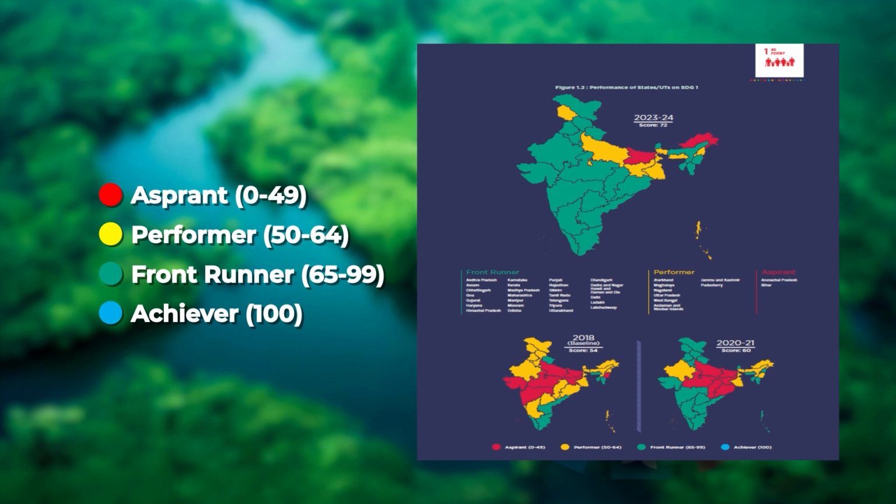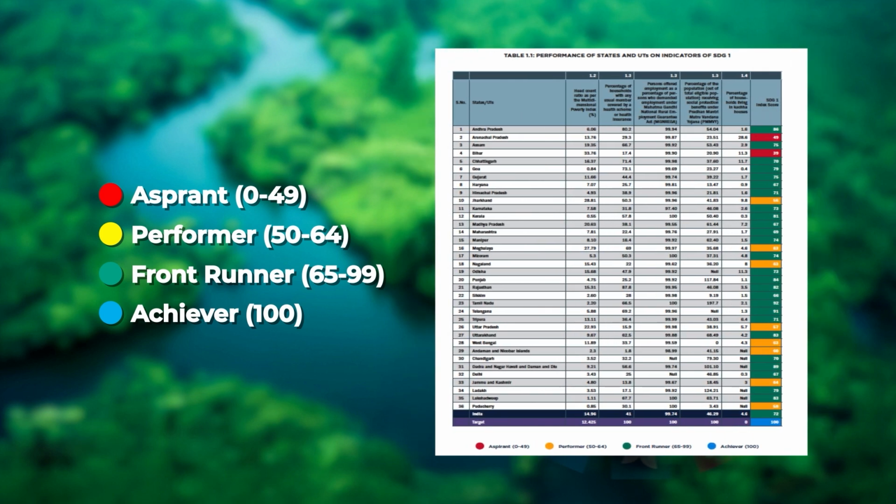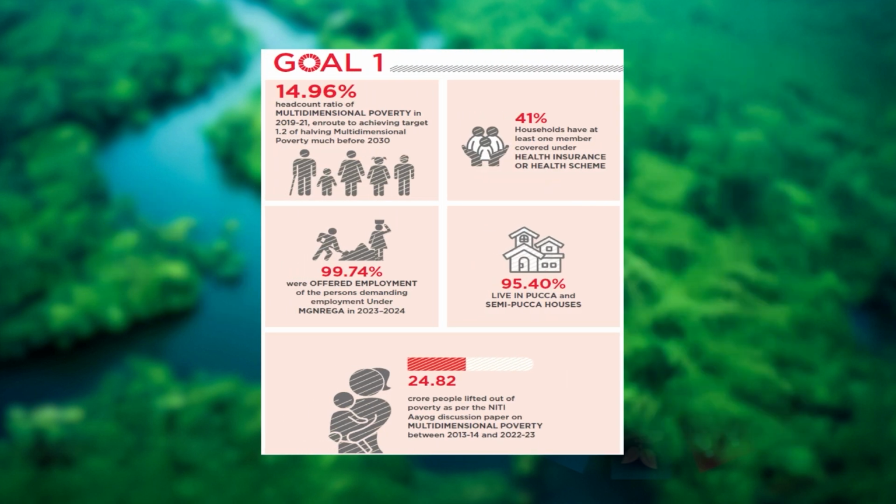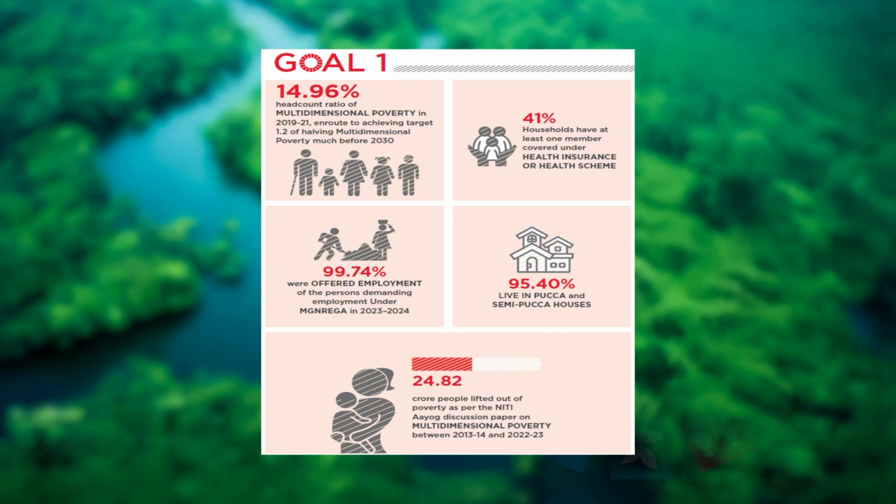You will see how the color is changing from 2018 to 23, 24. That shows our progression very well, right? So these are the scores of different targets under goal number 1. You will be able to see over here by looking into the different color codes.